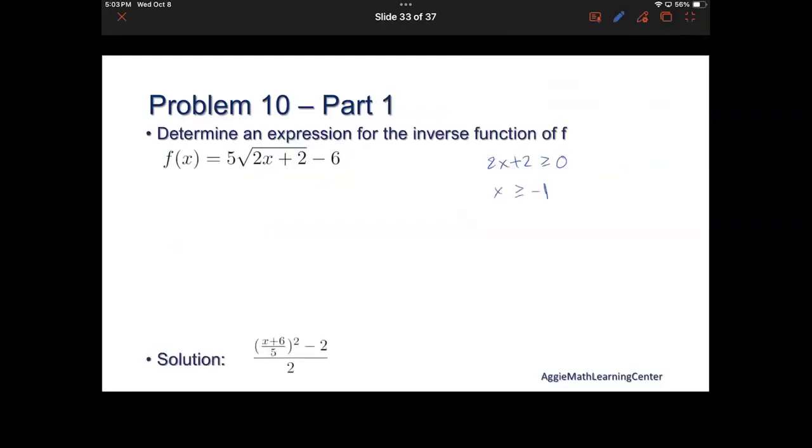Now I'm going to finish finding the expression for the inverse function of f. So what's my first step? Switch the variables. What should I write down? 5 times the square root of 2 times y plus 2 outside minus 6. And what's it equal to? X. Yeah, x.